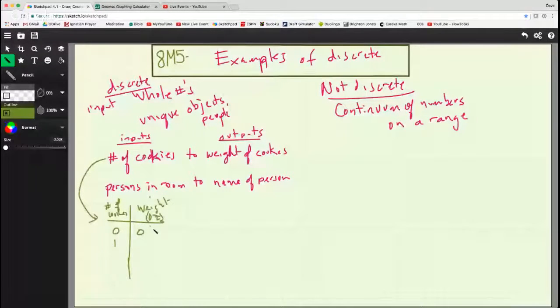Two cookies weigh 6 ounces, and then 3 cookies. And let's say you can't have a part of a cookie. So this graph would look something like this: 0, 0, 1, 3, 2, 6, 3, 9. And there wouldn't be anything in between, there's no in-betweens.